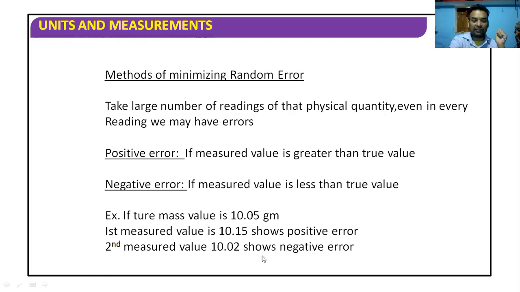It's a very simple categorization of errors. Positive error means the measured value is greater than the true value, and negative error means the measured value is less than the true value. In our case, the true mass is 10.05 gram, the first measured value is 10.15, which is a positive error, and the second measured value is 10.02, which shows a negative error.